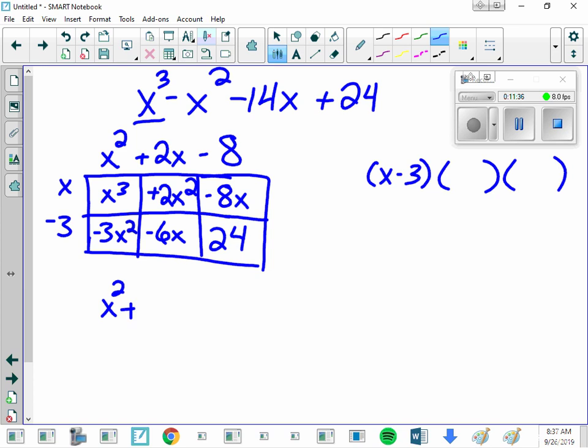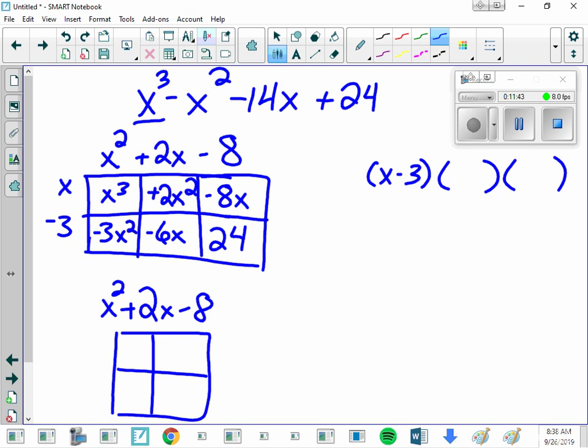X squared plus 2x minus 8. I draw the box. And I take x squared and negative 8 and plug them in. Multiply those together. And I get negative 8x squared. My options are 1 and 8 or 2 and 4. Will one of those give me a plus 2? Negative 2 and positive 4.